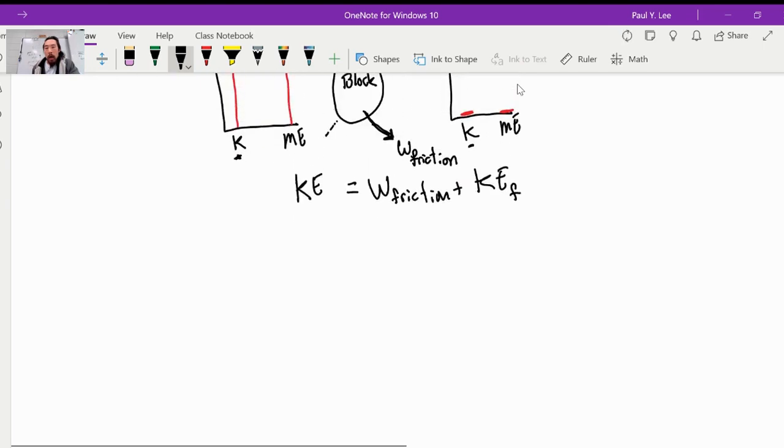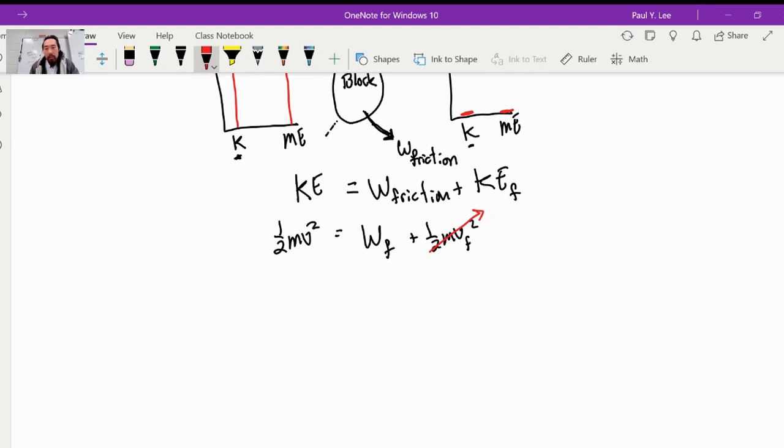So let's do our variable form first: 1/2 mv squared is equal to the work due to friction plus 1/2 mv final squared. At this point, we can cancel things out. Our final velocity is 0, so our formula becomes 1/2 mv squared is equal to the work due to friction.